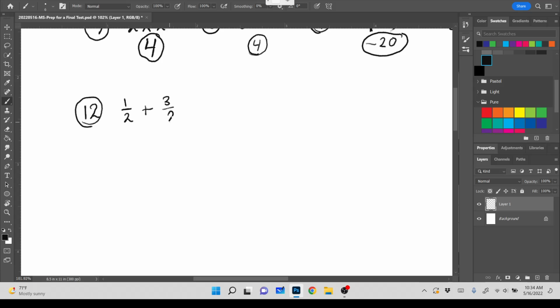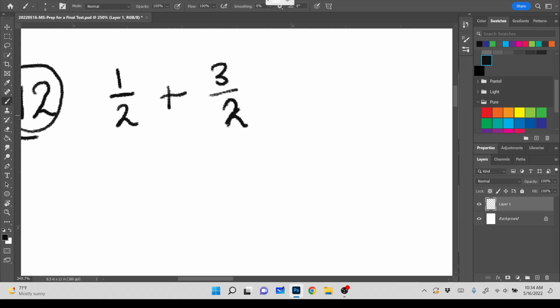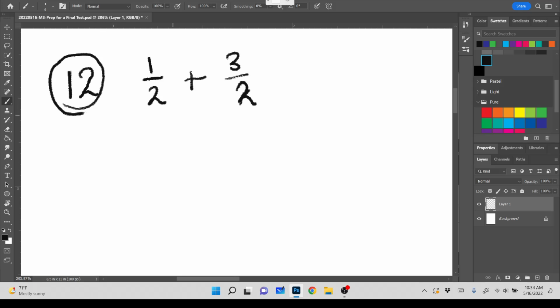Is this part of the same section? This could be the third section, possibly. Okay, so what do we do with that? Straight across.